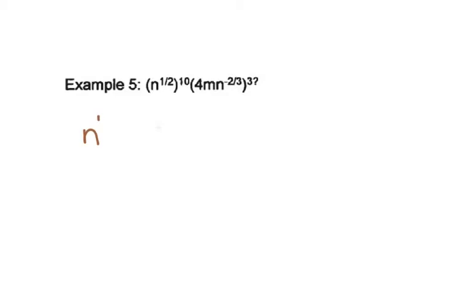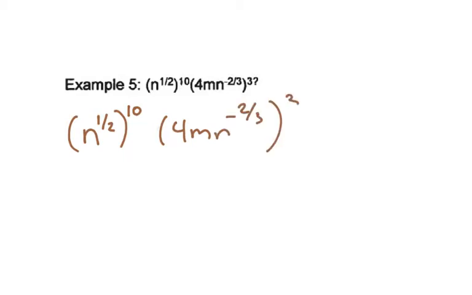So this is n to the 1/2, 10, and this is going to be 4m, and it's a negative 2/3 raised to the 3rd. So how do we go about doing this? Well, again, it's going to multiply. So what's half of 10? That's 5. This 3 goes as the exponent to all of these.